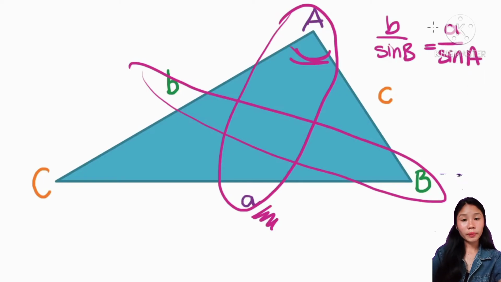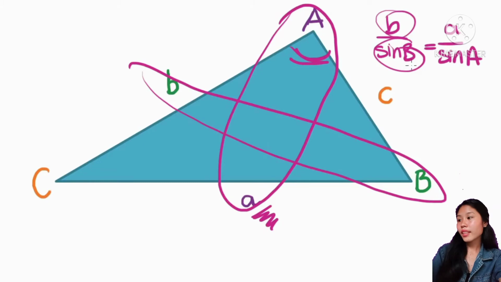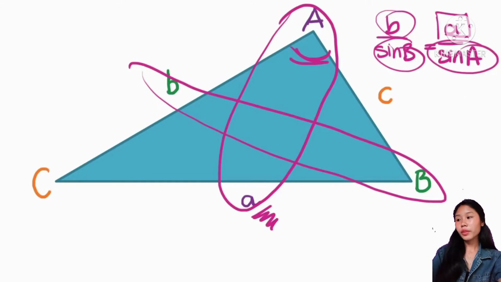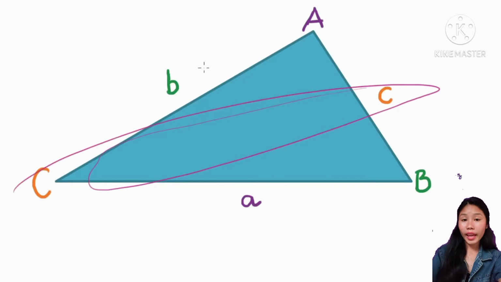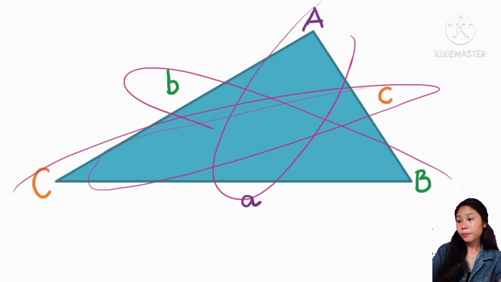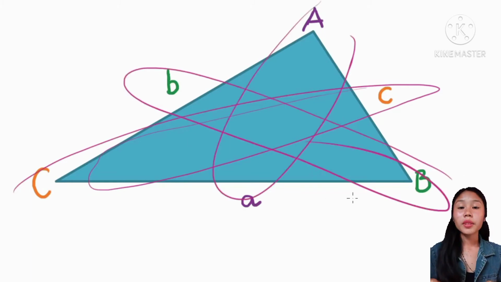For example, little b over sine B equals little a over sine A, and we don't know the value of little a. Then we can work out the rest. What we need to make this work for us, one complete matching set, is either C or little c, B or little b, or A or little a. So information about one can be used to solve the unknown number.